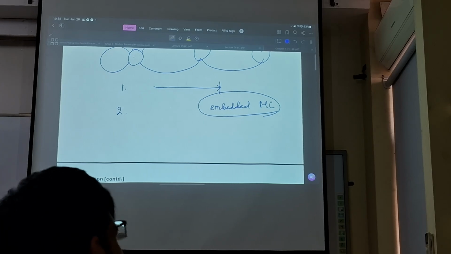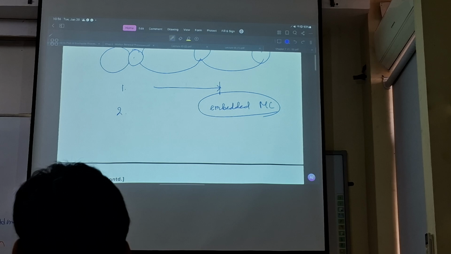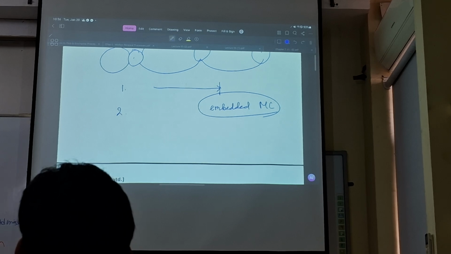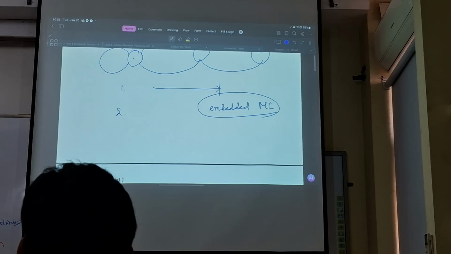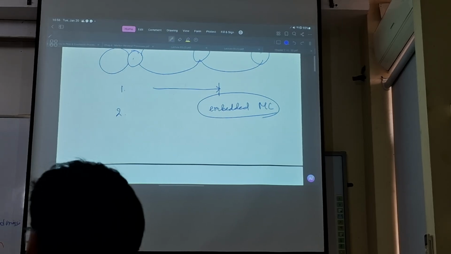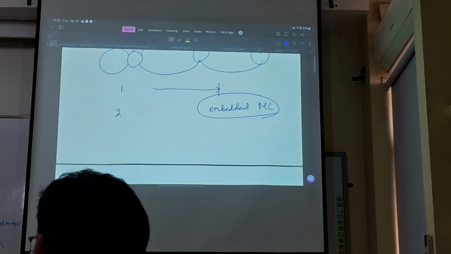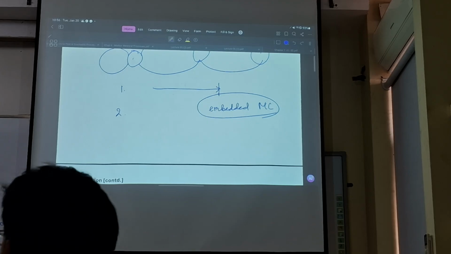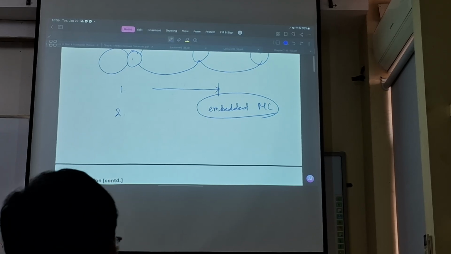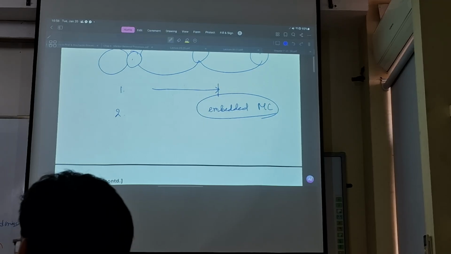And now, since time is slotted, this pi I also represents the average amount of time that the process will stay in state I in the long run. So if pi I is say 0.25, that means 25% of the time the process will be in state I. Why is this? Because it is memoryless and the time is slotted.